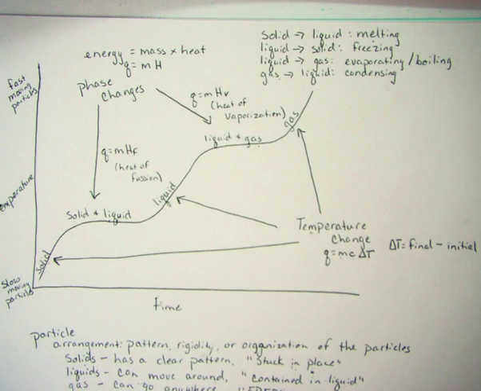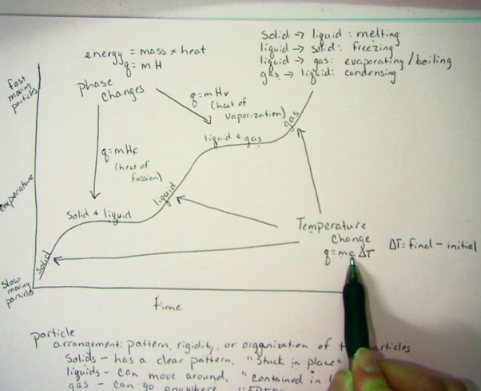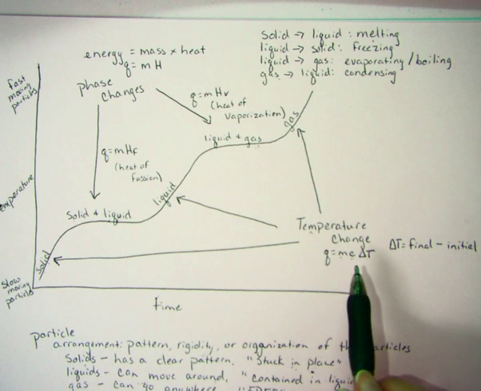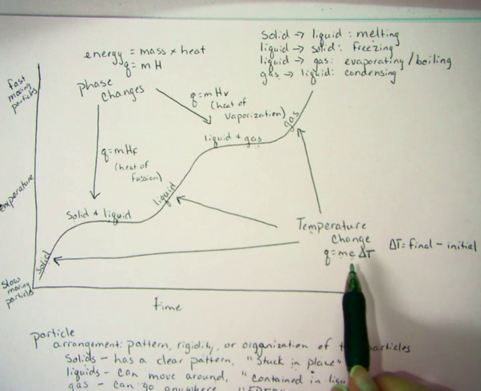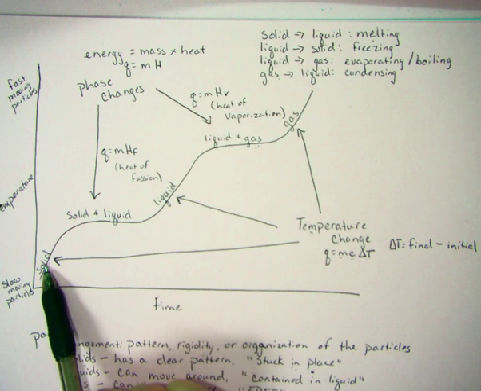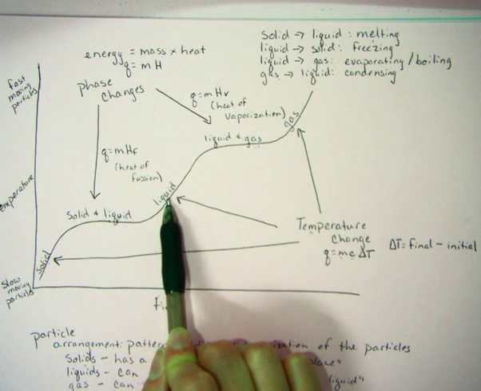Final minus initial. So the specific heat is specific for the substance, water, or metal, or even different types of gases have different specific heats. And they're also specific for the phase. So when you're dealing with solid water heating up, that's going to have a different c than liquid water heating up.